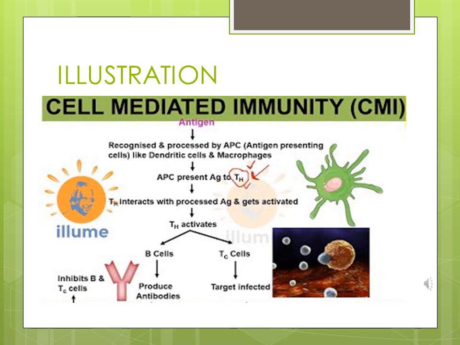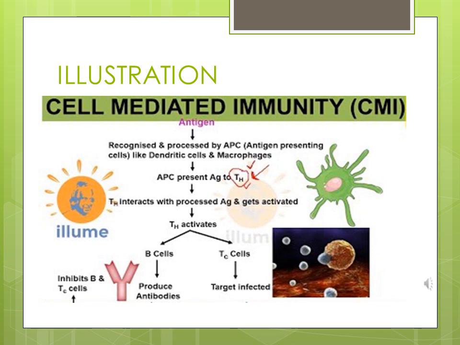Whenever an antigen is entering the body of the host by invading the host defense mechanism, it is first recognized by different types of APCs or antigen presenting cells like dendritic cells and macrophages. Along with the APCs, another group of protein molecules like MHCs are also playing a very important role in recognition and processing of the antigen.